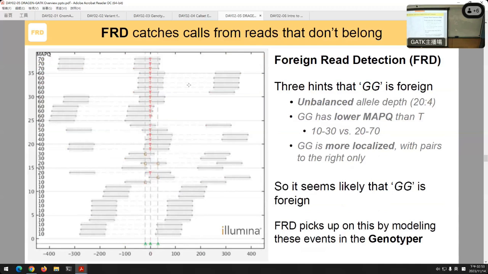You'd imagine when you do the sequencing and alignment that you should get roughly half and half. Maybe half of your alleles would be an A, maybe half of them would be a G. If that's the reality. But what happens when the balance is wildly off? Like you see maybe 20 of one and only 4 of the other. Okay, that's a hint something's going on.